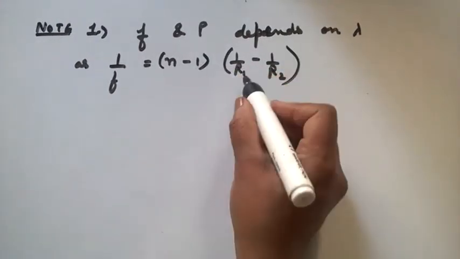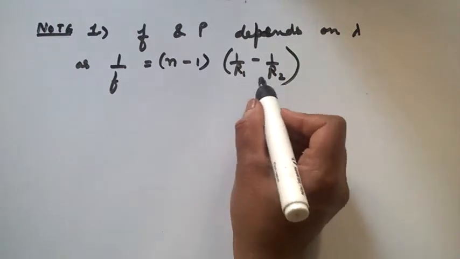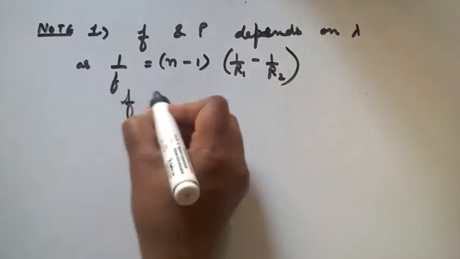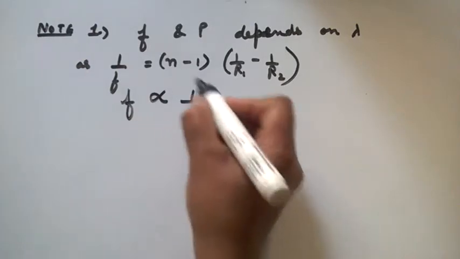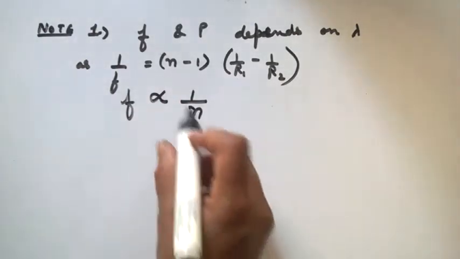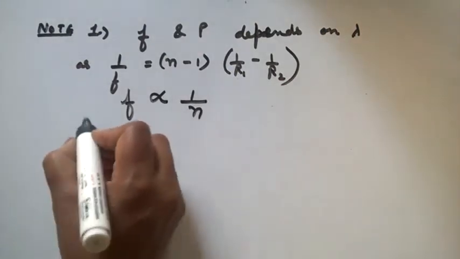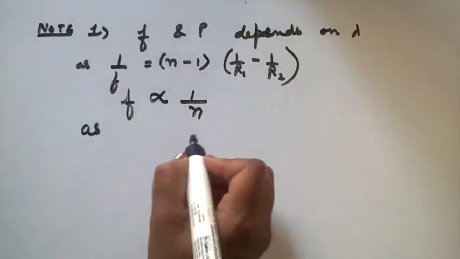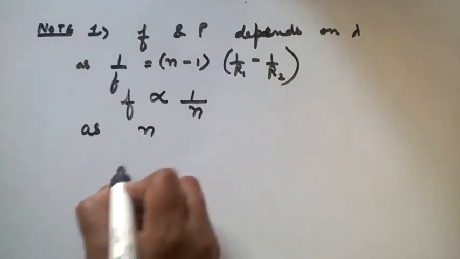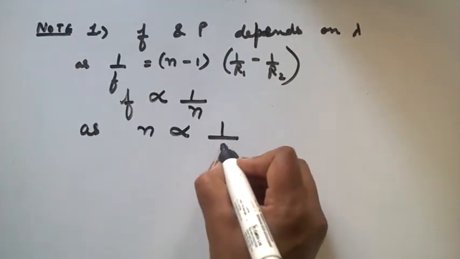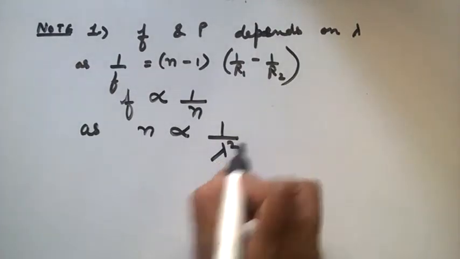Here, as the radius of curvature of the lens is constant, we can write that the focal length is directly proportional to 1 upon the refractive index. And by using Cauchy's formula, the refractive index is proportional to 1 upon lambda square.